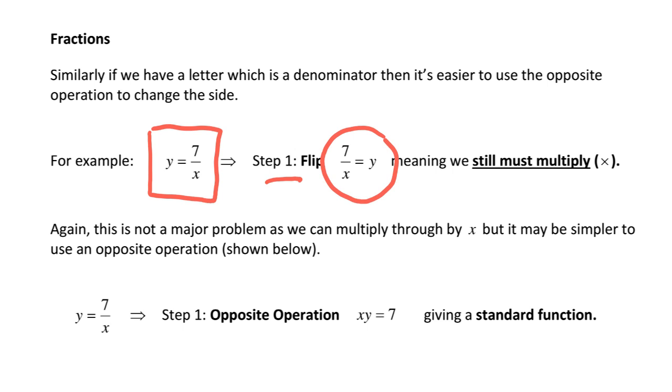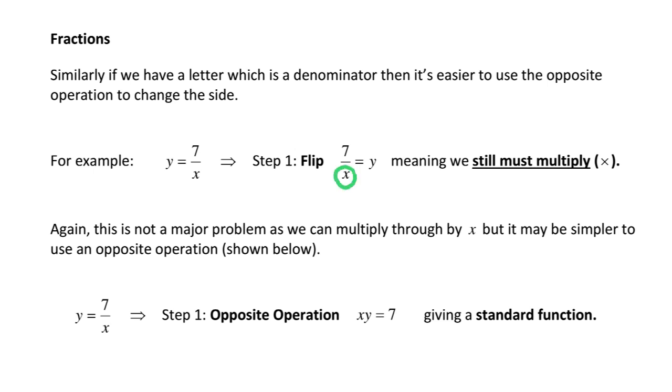And for us to bring the x back to the top where we want it, we'd need to multiply, and therefore it would go back to the right-hand side. So if we did now decide at this point to move this x to the right-hand side, it's currently dividing. So when it moved, it would become a multiplication and it would create the formula 7 equals xy.